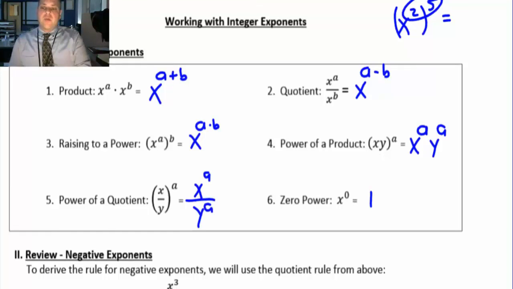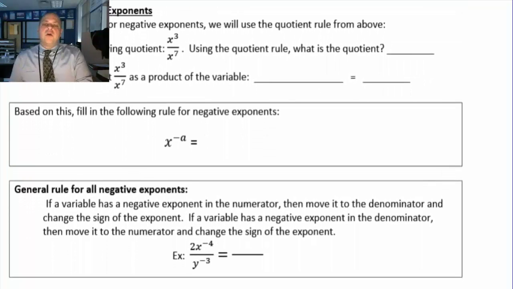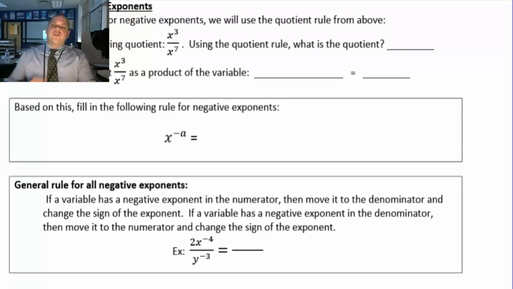All right, here's the reason why. Or no, this is going to review negative exponents for us. A negative exponent rule, and this is something you should already know as well, but using the quotient rule, I have x to the third over x to the seventh. What happens? Well, I subtract the exponents. So that gives me x to the negative 4. Now, let's write out what this means.